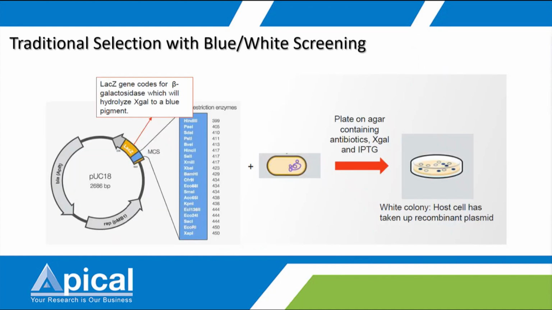Okay, a little bit on the traditional selection with blue-white screening. Conventionally, many of us use the blue-white screening method. Under this method, the vector used carries a lacZ gene, which codes for beta-galactosidase.